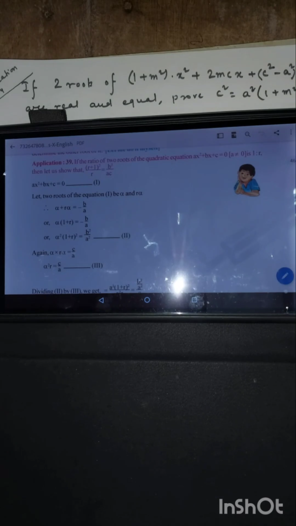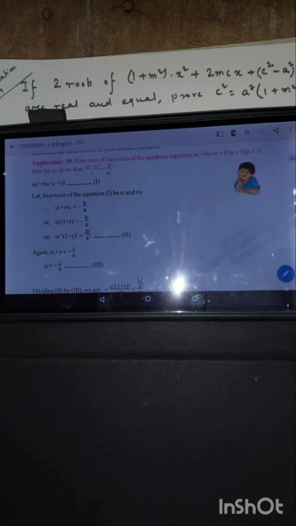Application 39 says, if the ratio of two roots of the quadratic equation ax square plus bx plus c equal to 0, where a not equal to 0, is 1:r, then let us show that r plus 1 whole square by r equal to b square by ac.